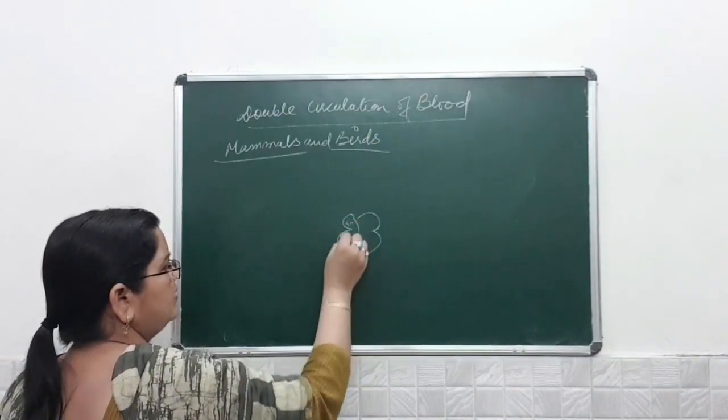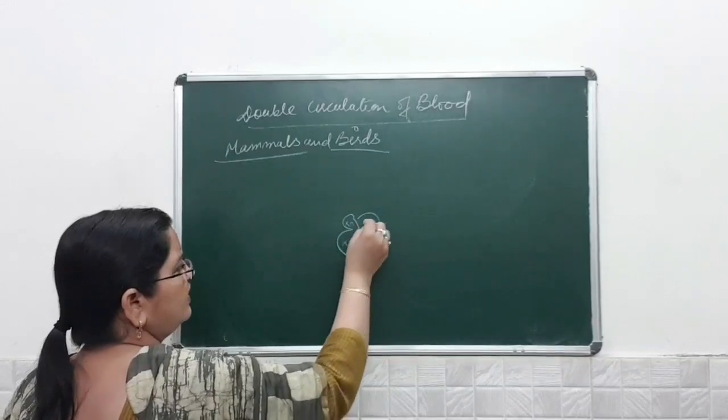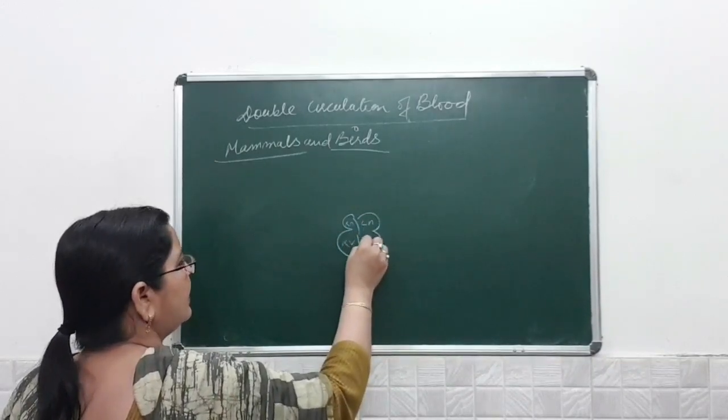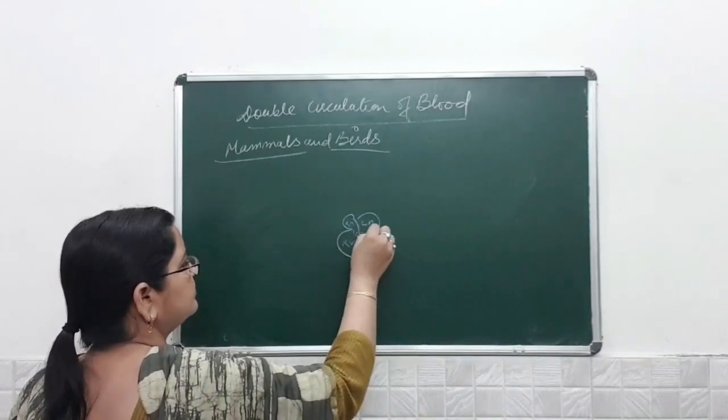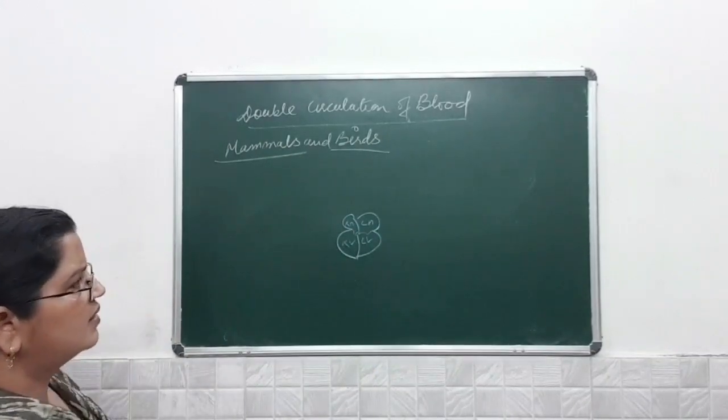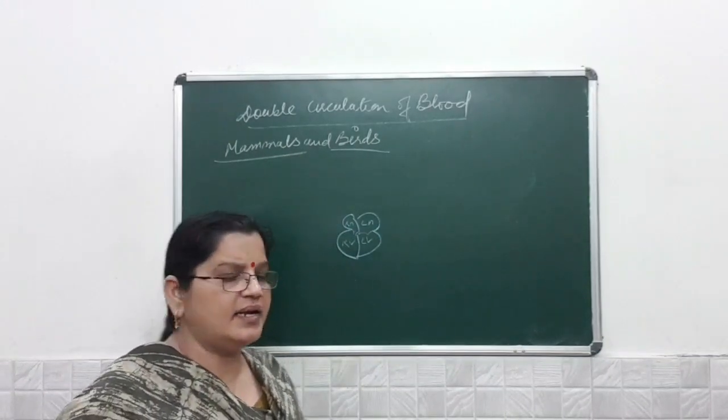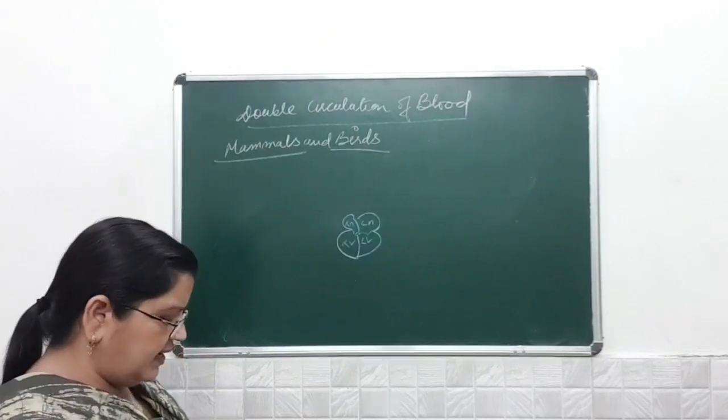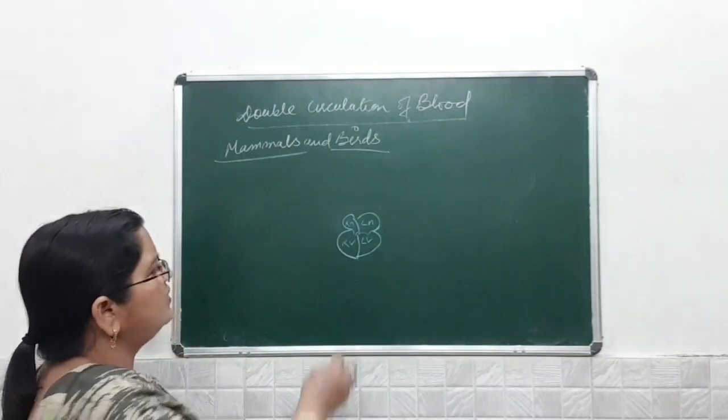Right auricle, right ventricle, left auricle and left ventricle. The pumping organ is heart, and heart pumps blood towards the lungs.